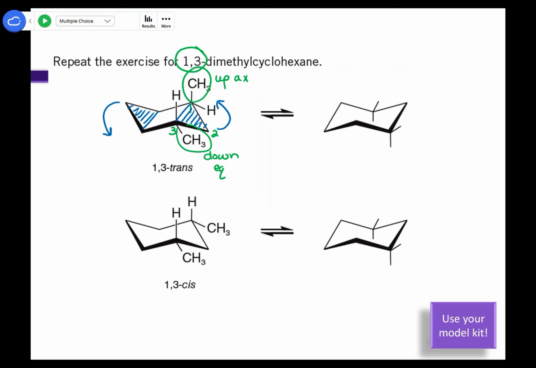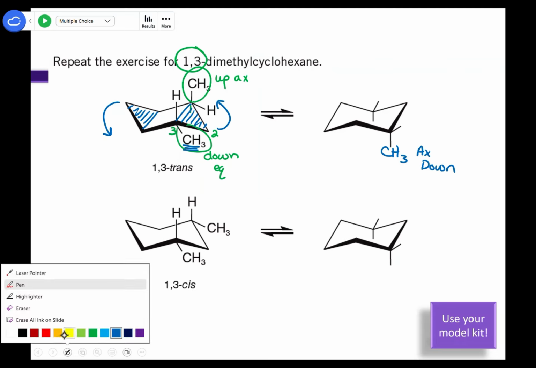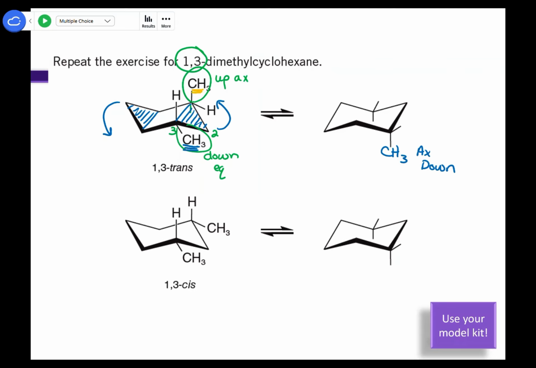My back methyl group is in an up equatorial. Axial became equatorial, equatorial became axial. So my CH3 equatorial down became my CH3 axial pointing down. My methyl group that was an up axial is now an up equatorial.